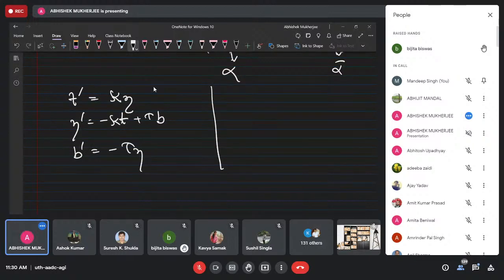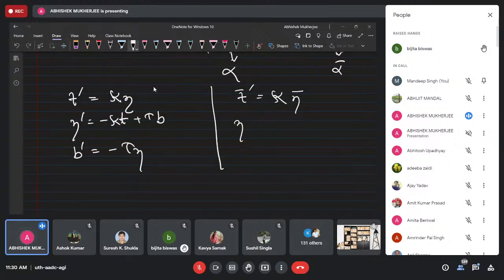Similarly, for the curve alpha bar, your T bar dashed is kappa eta bar, because you have assumed that the curves have the same curvature, right?